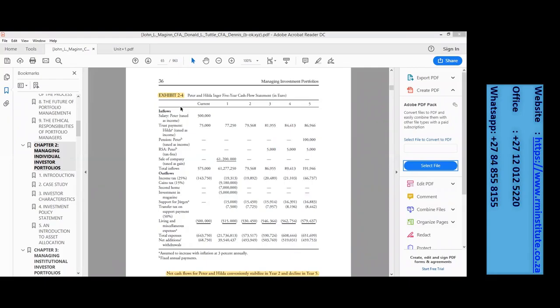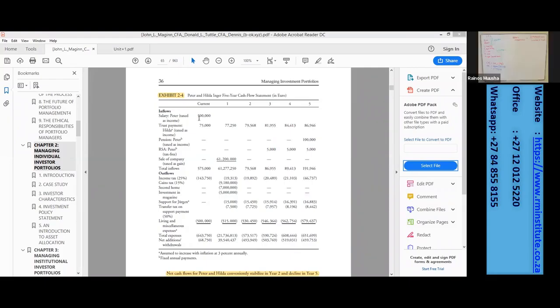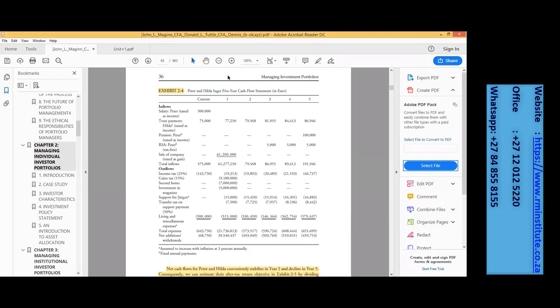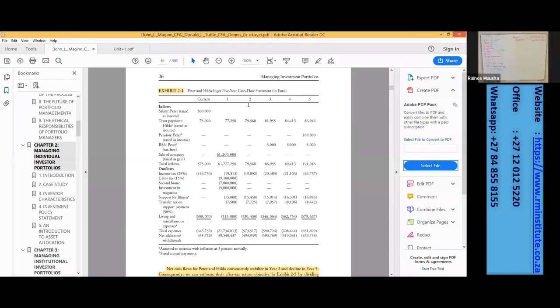Yes. In some cases where they ask you to determine the return objectives, they would ask you to prepare the cash flow statement as well. I've seen some questions in past assignments and in past papers where they ask you to prepare this cash flow statement. But in most cases you are going to be preparing for one stated period, not as many as they are giving us here. Usually you prepare for one period or two periods.